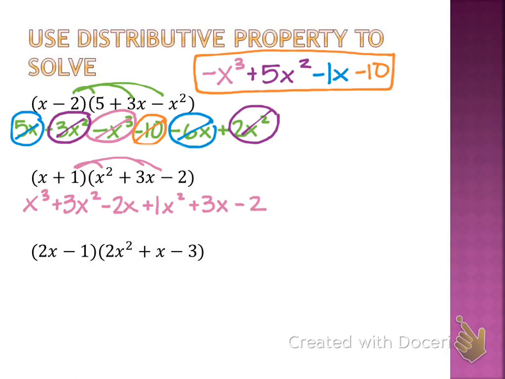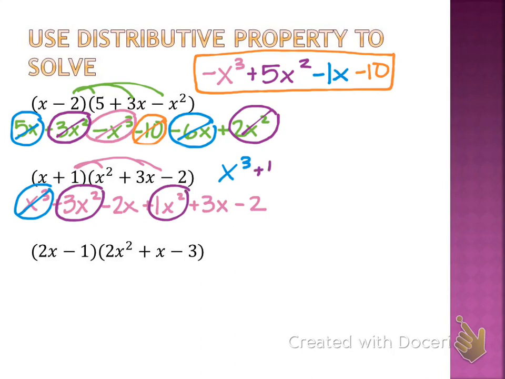All right, let's start with finding our largest term, and then I will combine like terms from there. My largest term is going to be x to the third power, my largest exponent. I realize it does not have any like terms, so I'm going to write that first. My next term is going to be 3x squared and 1x squared.